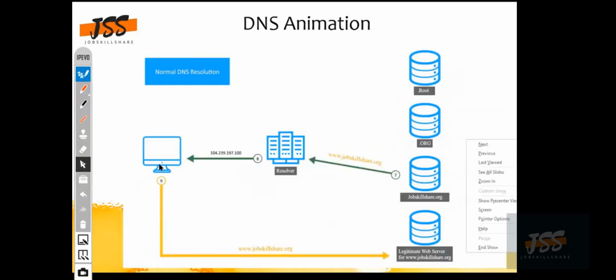This is the whole idea of giving you the information one by one. Now this time the host machine does not need to go to the root server or org server, because it now has the public IP of jobskillshare.